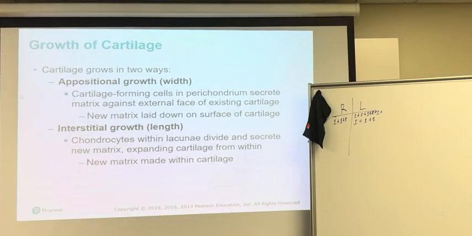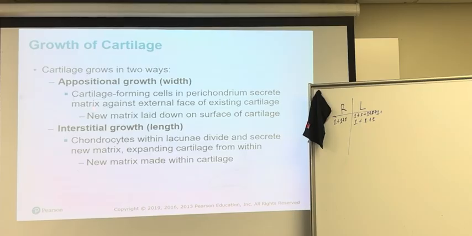One thing I want you to understand right here is that once upon a time, all of your skeleton was made up of cartilage, and it had to grow. If it had to grow in width, we call it appositional growth.